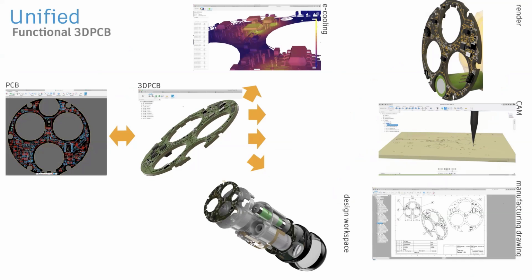Unified in the sense that I go from the PCB to the 3D PCB. I could go back and forth, remember, but from the 3D PCB, we could go to the Ecooling, we could go to the render, we could go to the CAM, we could go to the manufacturing, or we could actually insert that circuit board in the design workspace. Best part of all of this is that we've never left Fusion. All the time we're in the Fusion platform system of our design.